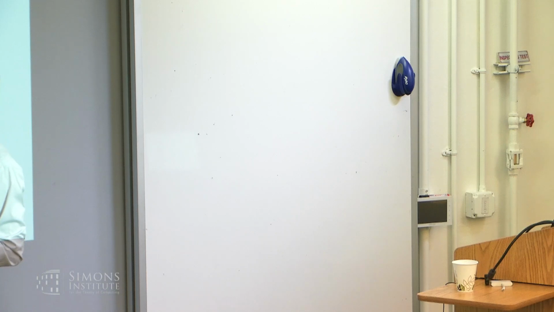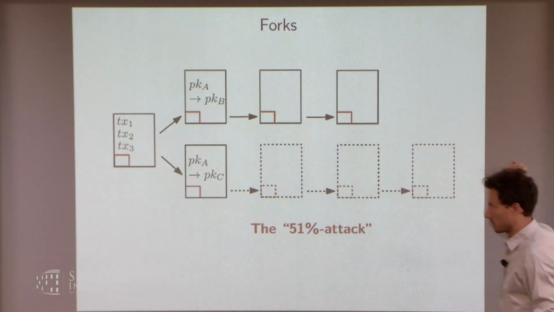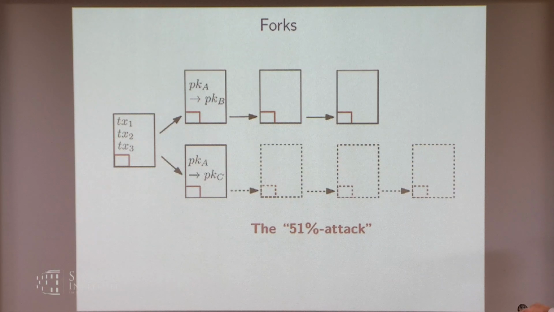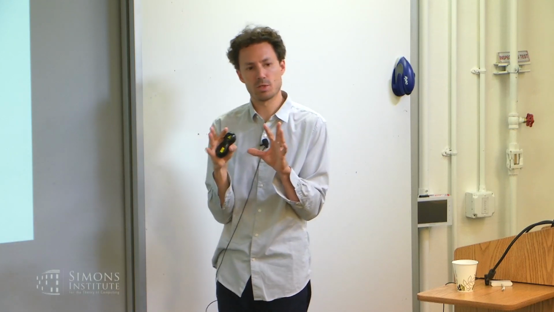Okay, so you mean if this transaction happens here? No, I just mean PKA to PKB took a while to propagate through the network, and the first miner who won saw it first and added the block to the chain, and then by the time it got to the second miner... But the question was, what does the second miner do?